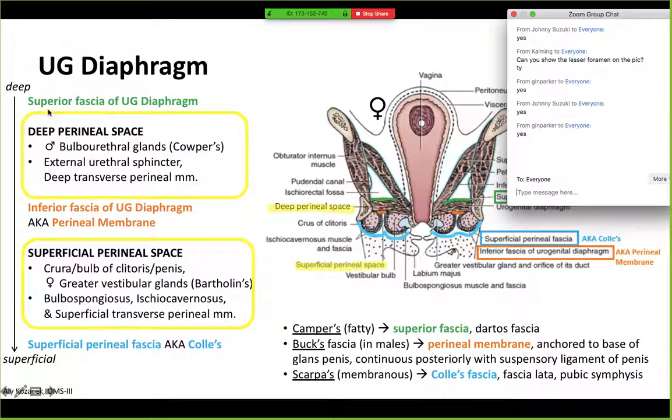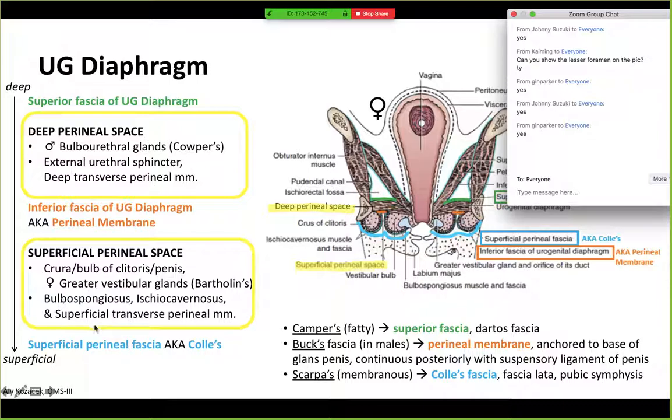So you're going to have the superior fascia of the UG diaphragm, and then you have the inferior fascia of the UG diaphragm, and then a superficial perineal fascia. So perineal, that's part of the perineum, so that's going to tell you that it is towards the outside.